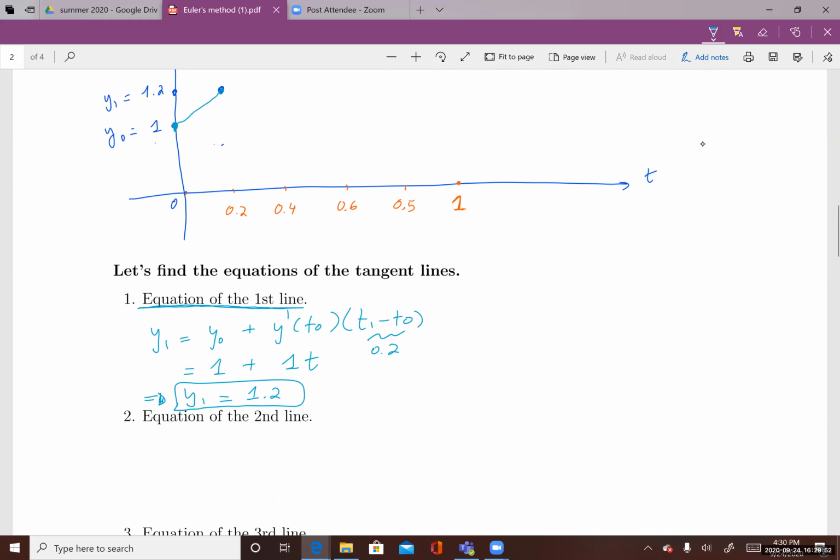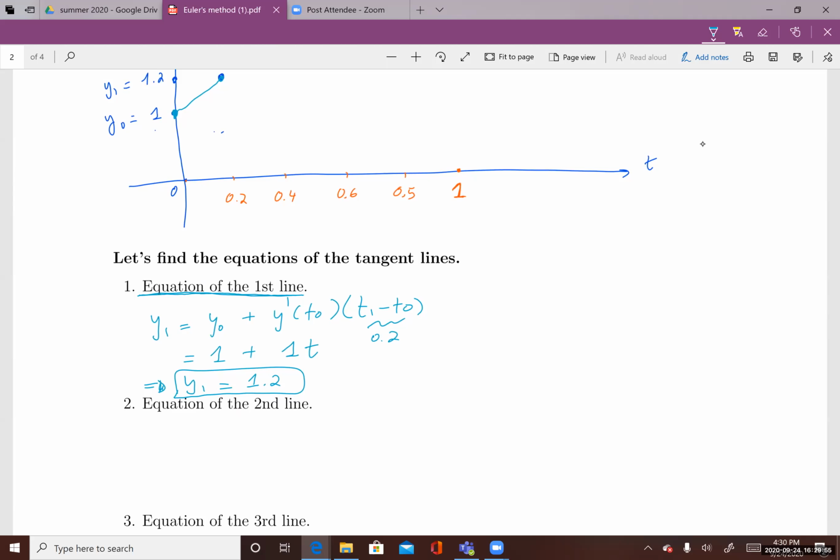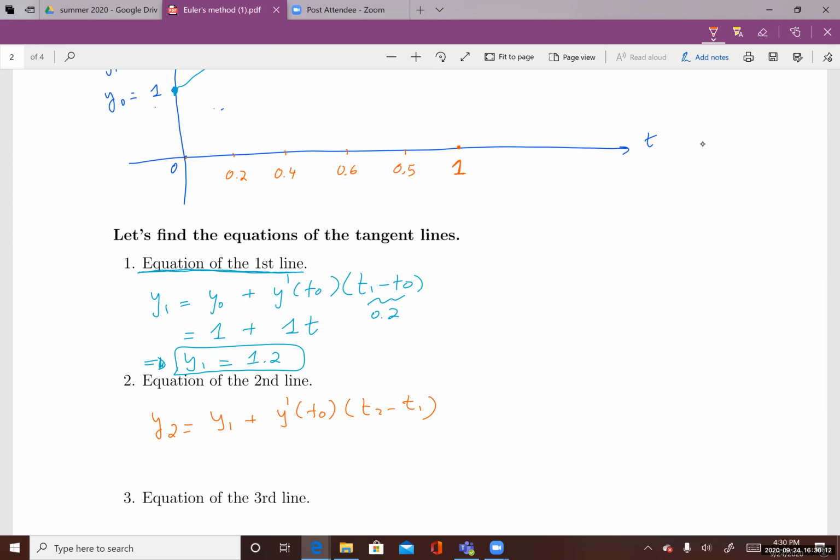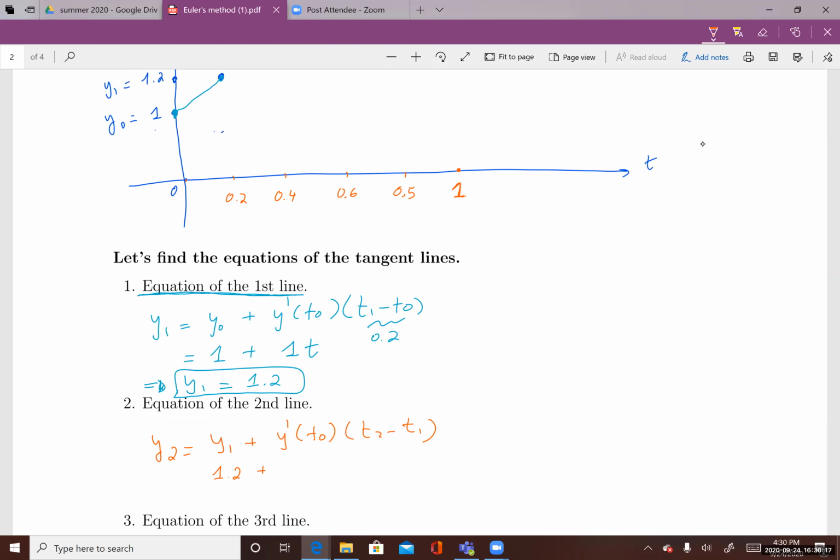Okay, how about the second line? For the second line, you need to know that y2 equals y1 plus y prime of t1, t2 minus t1. Now we know y1, which is 1.2, and we have to plug in t1. So you use this point, t1 and y1, in order to estimate y2.